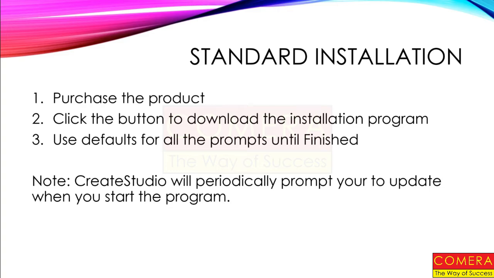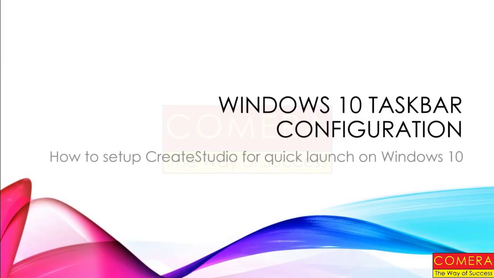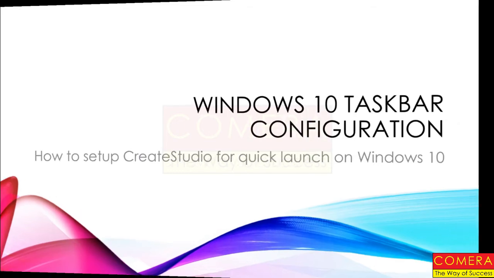Updating seems to undo what I'm about to show you, which is the Windows 10 taskbar configuration, or how to set up CreateStudio for quick launch in Windows 10. For this, I'm going to jump over to our first screen capture demonstration, or screencast, and show you how to do this on Windows 10. So let's jump over there now.